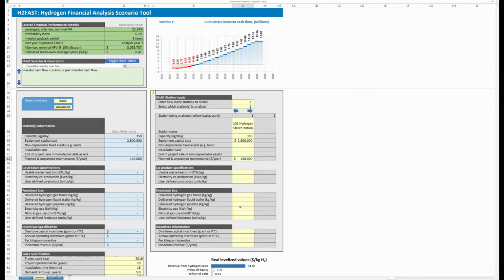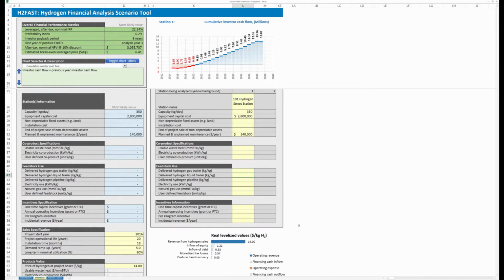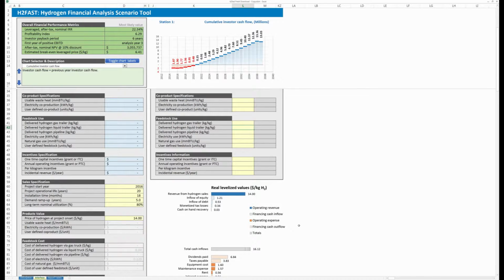Then for feedstock, there are not going to be any co-products. We'll say that this is a liquid delivery station, and if we're delivering liquid, we might have some boil off. So for every kilogram of hydrogen dispensed, we might, as an example, purchase 1% of additional hydrogen.